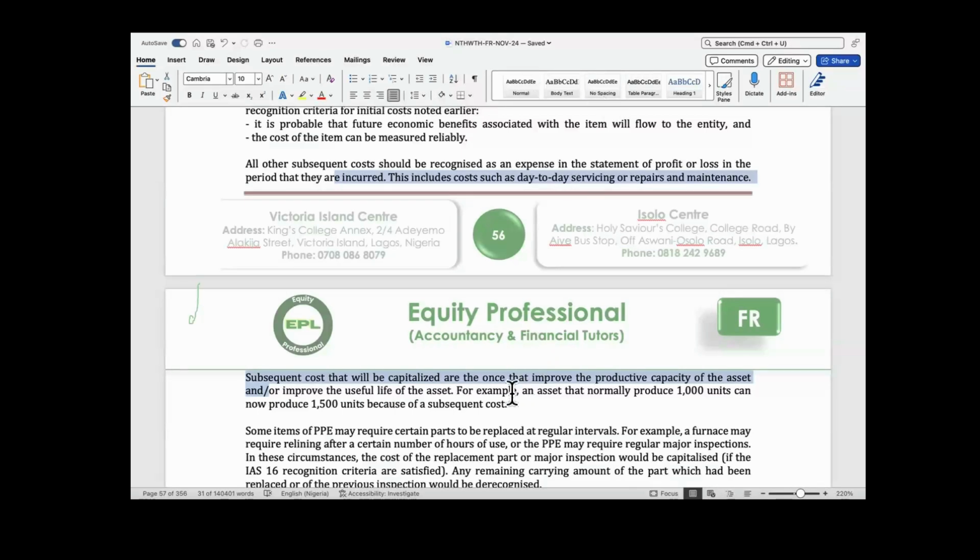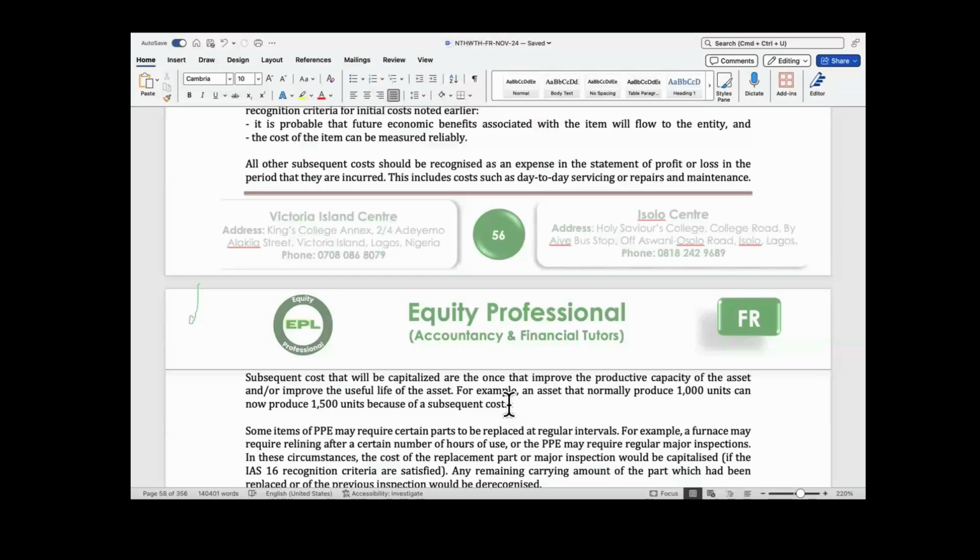But in the exam, it's always very clear. The examiner will make it clear. They will tell you that after buying the asset, or maybe after 2 years, we now incur the costs, and these costs improve the useful life by 2 years. Or they will tell you that these costs improve the capacity of the assets by 200 units. They will be very specific.